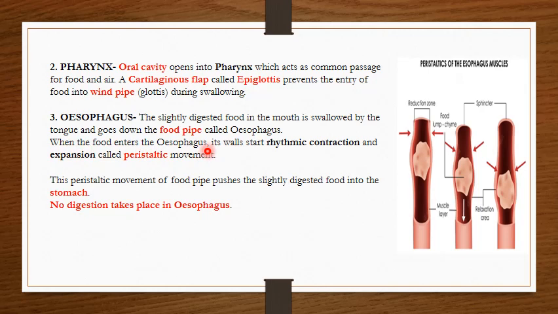When the food enters the esophagus, its walls start rhythmic contraction and expansion called peristaltic movement. The peristaltic movement of food pipe pushes the slightly digested food into the stomach. No digestion takes place in esophagus.